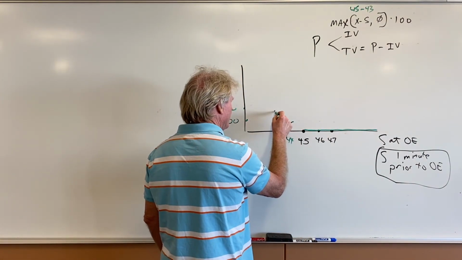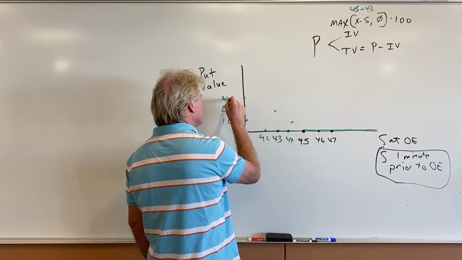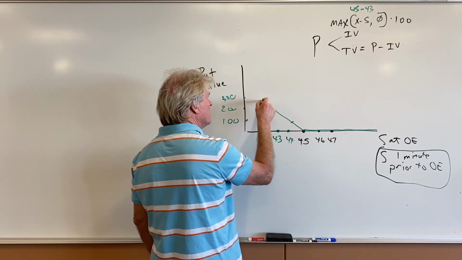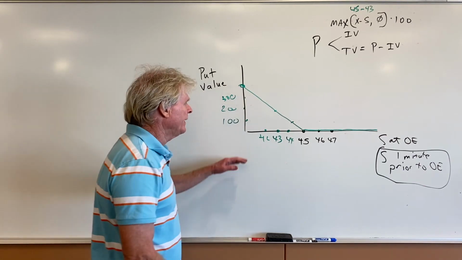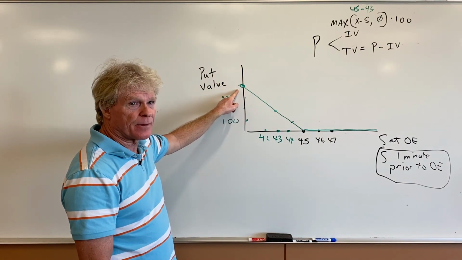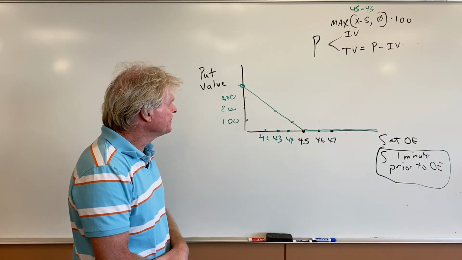So at 43 we have 200. And of course at 42 it would be 300 and so on. And then of course this isn't drawn to scale, so we have this. And interestingly, this line smashes into the vertical axis. Okay? And so there you have it.